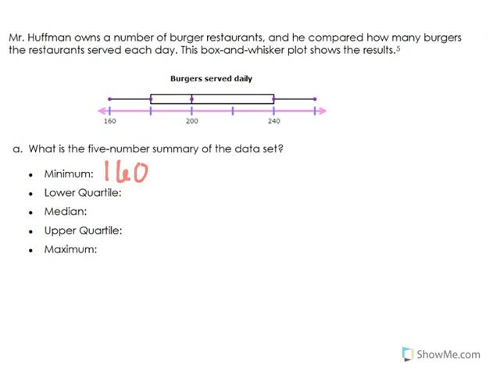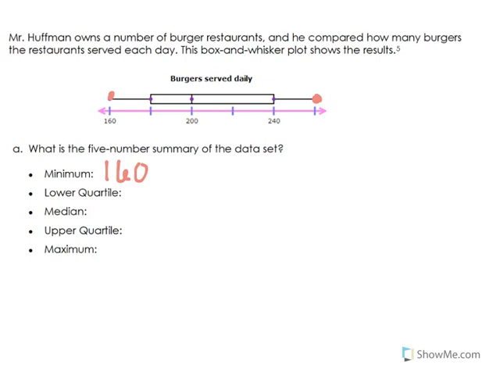Now I'm asked to find the lower quartile, the median, the upper quartile, and the maximum. Since we just found the minimum, the furthest spot to the left, I know that my maximum is going to be furthest to the right. However, when I look down, I don't see a value written on the number line. But I can figure out how much I am counting by looking at what is provided to me.